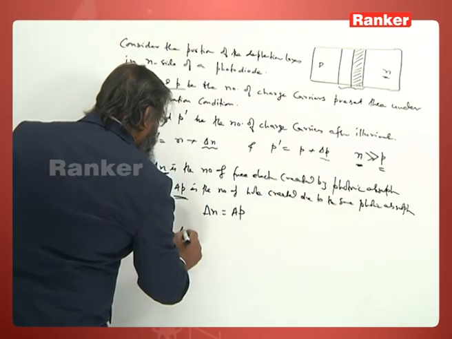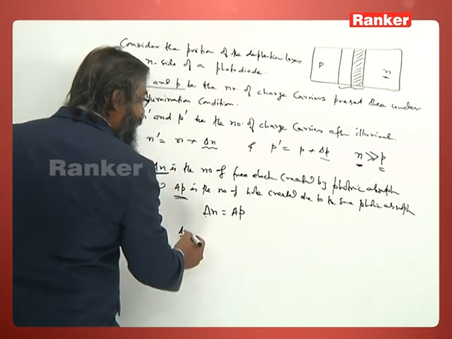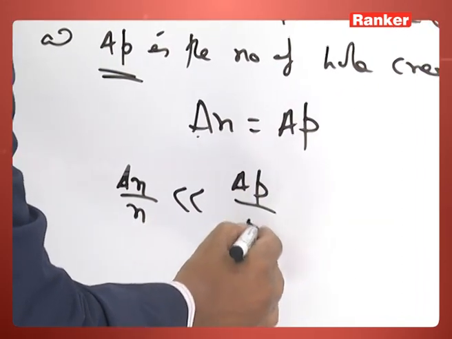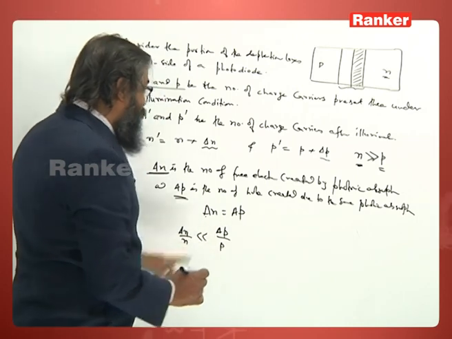So, now if I take delta N by N, it will be very less compared to delta P by P. Thus, this quantity is very large.